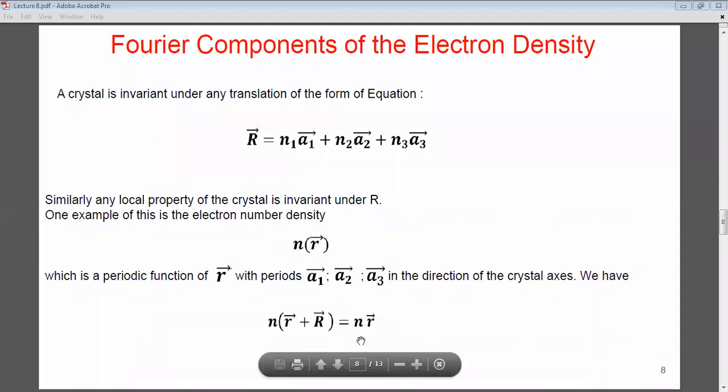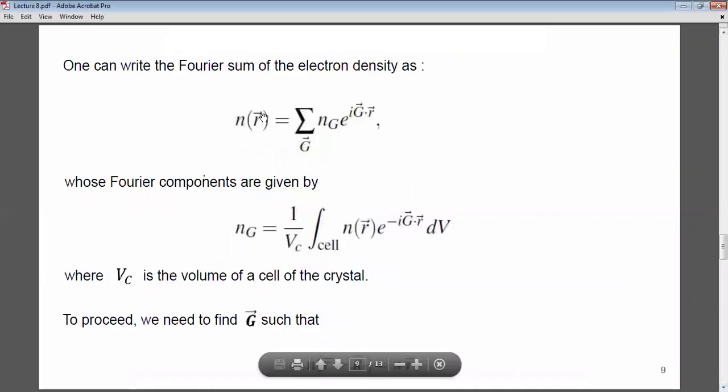Because we can write our function in this periodic form, we can write the Fourier sum of the electron density as summation over G of N_G e to the i G dot R. This is how we represent the Fourier sum of a periodic function, okay?